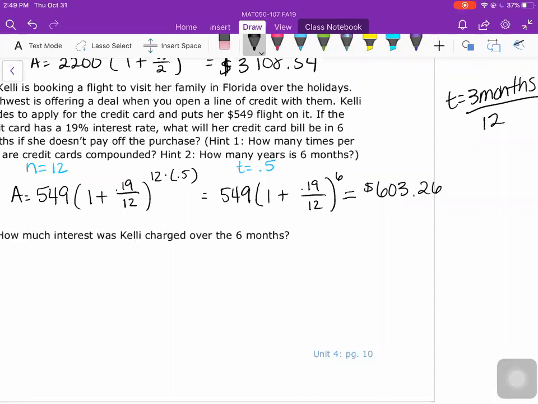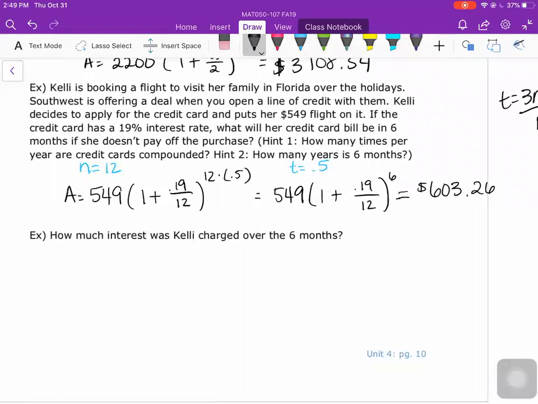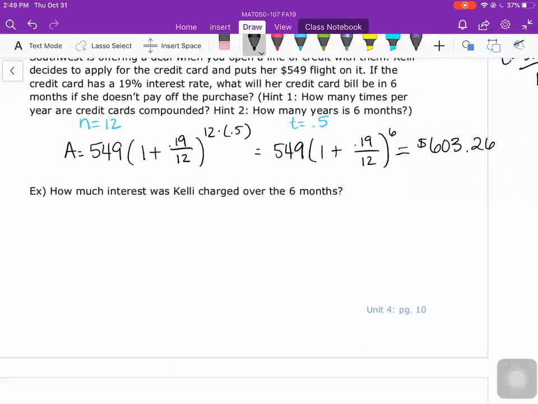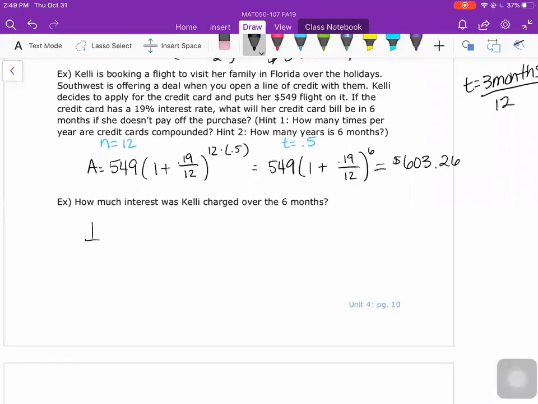So the amount that I'm going to have to pay back at the end of 6 months is now $603.26. Based on this information, how much interest was I charged over that 6-month period? Good.